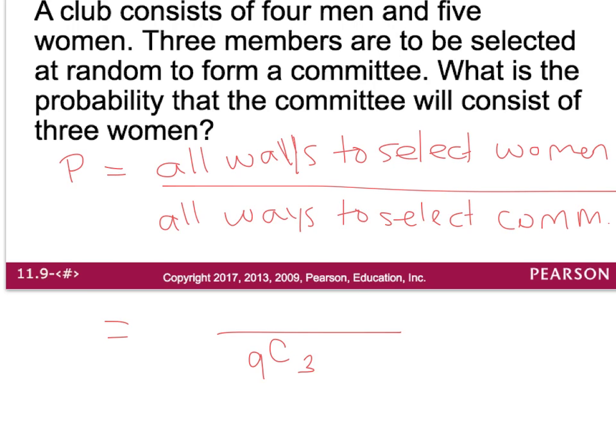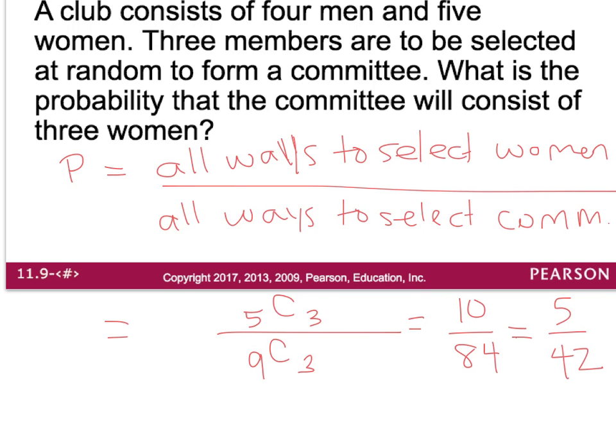Now my numerator specifically wants females, and there are 5 females, and I want all 3 of them to be women. So that would be 5 combination 3. I'll just use my calculator at this point to find 5 combination 3, and that comes out to be 10. And 9 combination 3 comes out to be 84. Then you can reduce your fraction, which would be 5 over 42.